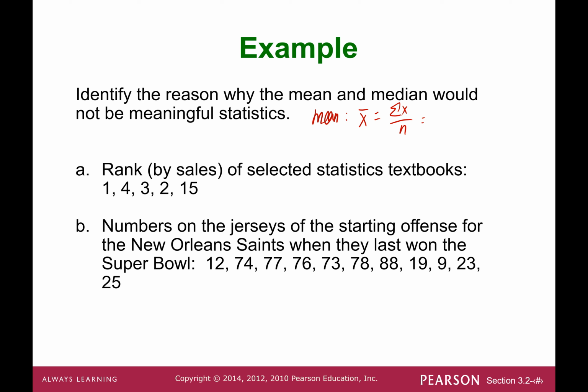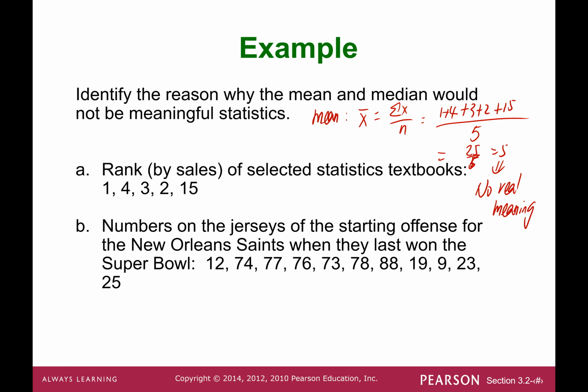So sum up all of those numbers, 1 plus 4 plus 3 plus 2 plus 15. Then you divide by 5. Sample size is 5. And this turned out to be 25 over 5. That's 5. And right here, 5 is the average of those numbers. However, we just couldn't explain this 5, right? In terms of the ranking system here. So, no real meaning.